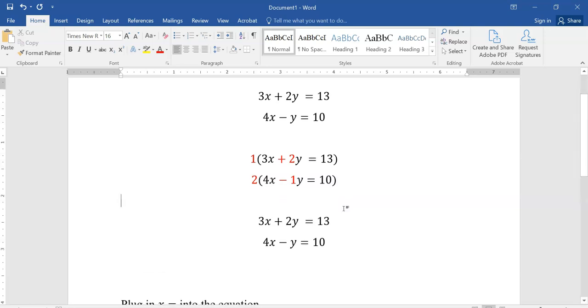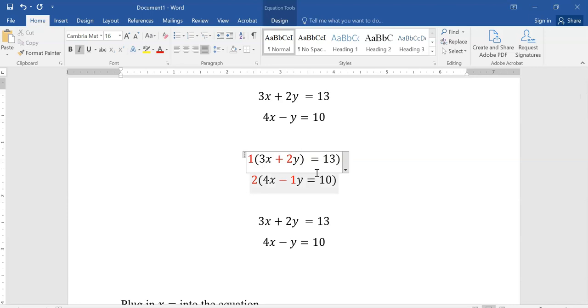1 times 3x is 3x, 1 times 2y is 2y, 1 times 13 is 13. By the way, there are many people who would rather write this as multiplying a 1 onto both sides of the equation.